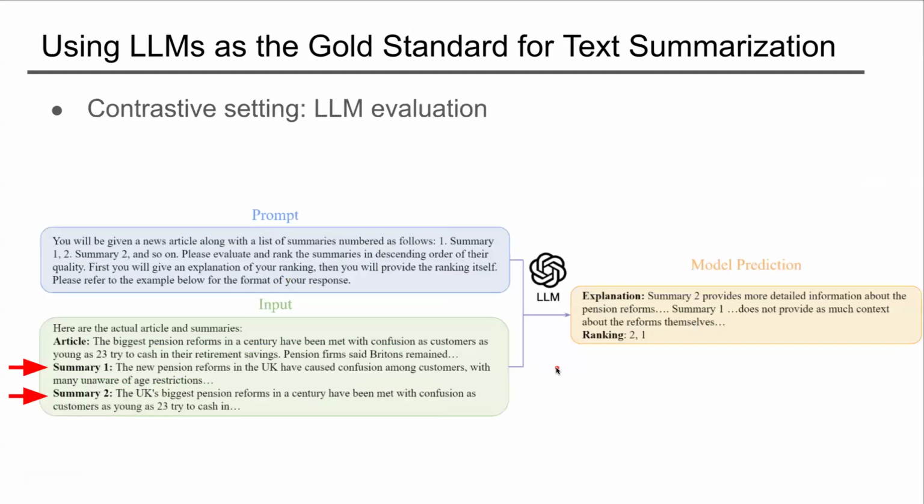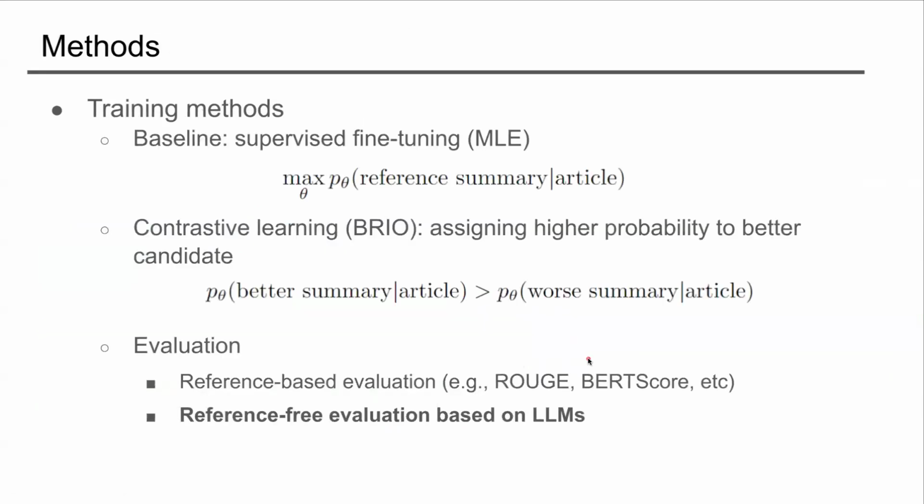And then for the pairwise setting, we ask the model to generate two summaries, and then we rank them: we ask the LLM to say which one is better. For evaluation, we use LLM-based evaluation that I'm going to talk more about in the next section. But here, you prompt a model like GPT-4 to say which of these summaries is better.